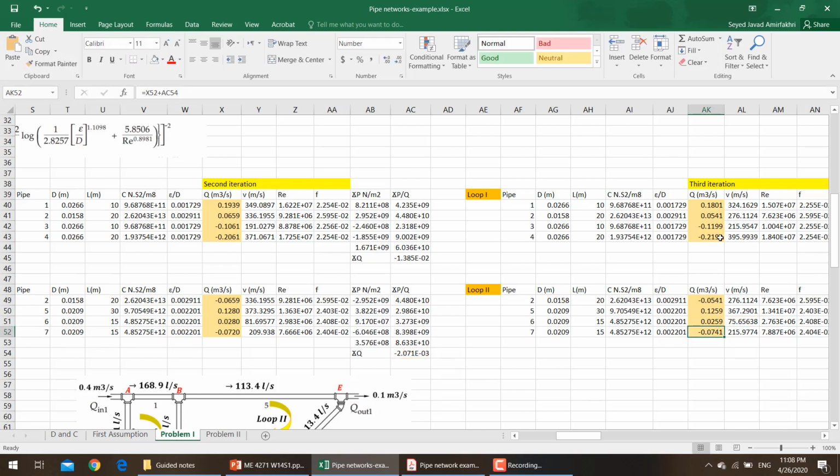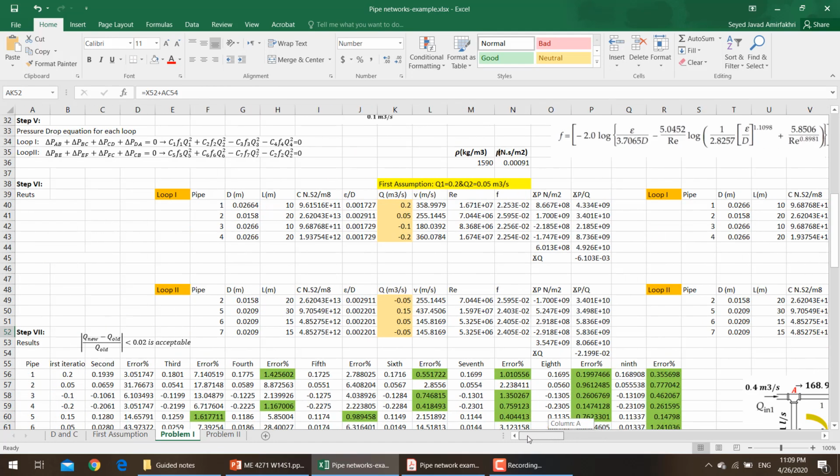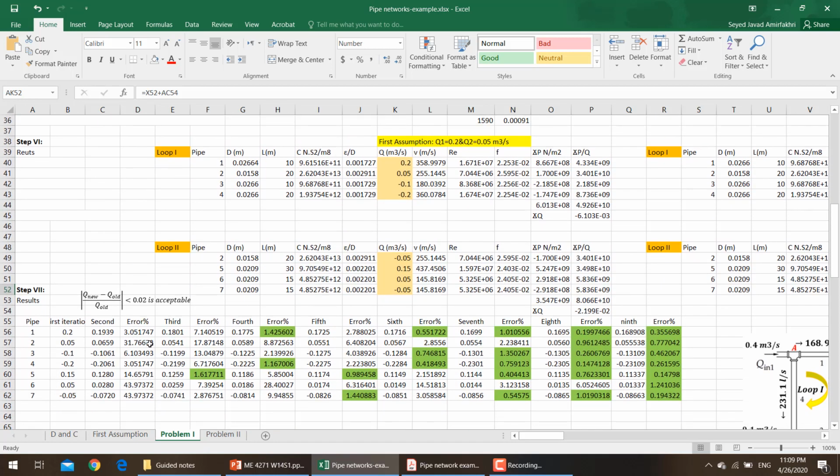Then you need to calculate the error for the third Q. If you calculate it, you will see that the error for the third one is more than 2%.